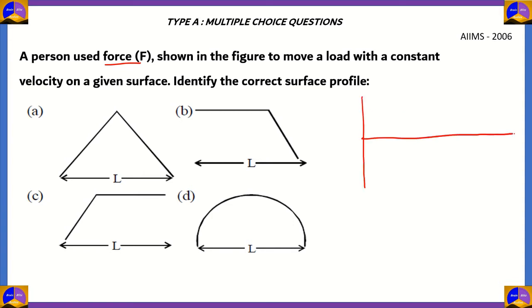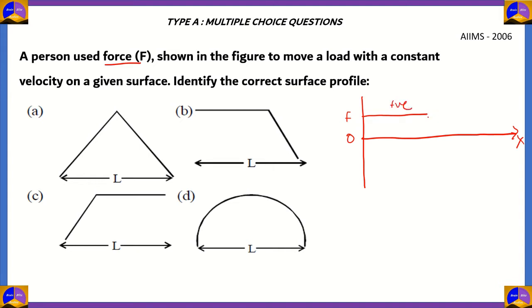So this is a graph, and in this graph, this is the x-axis, and 0, the origin, lies on the intersection of the x and y-axis. And initially he has a positive force F, and he applies it in a constant term.